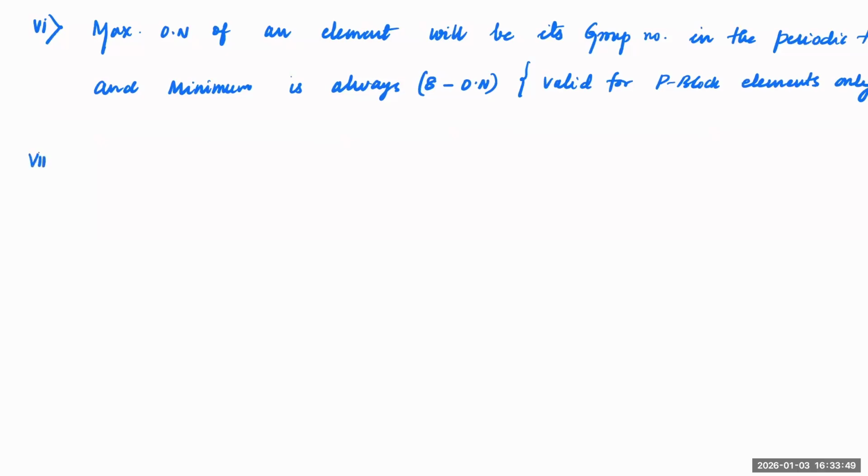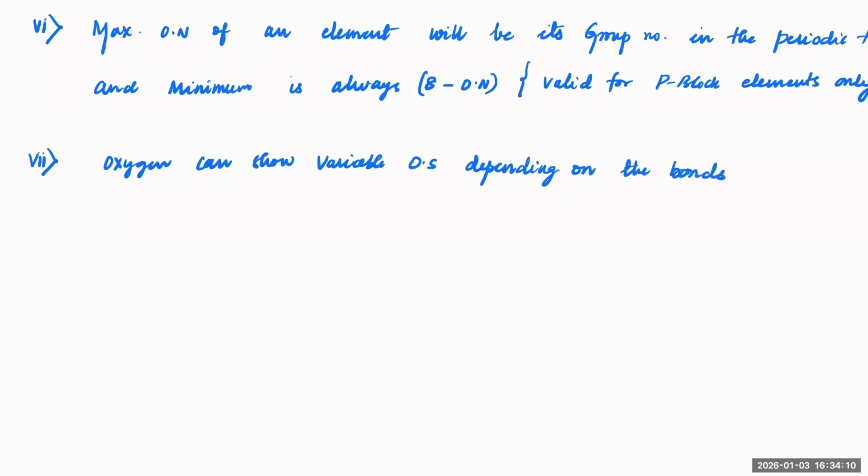Now, second thing is about oxygen. Oxygen can show variable oxidation states depending on the bonds.